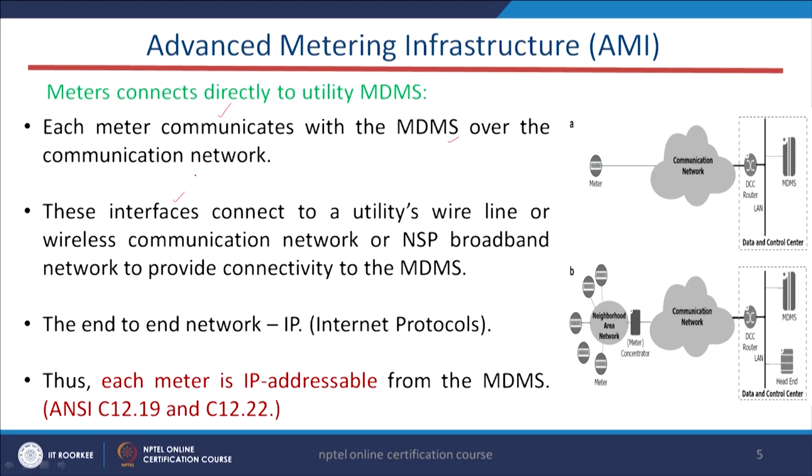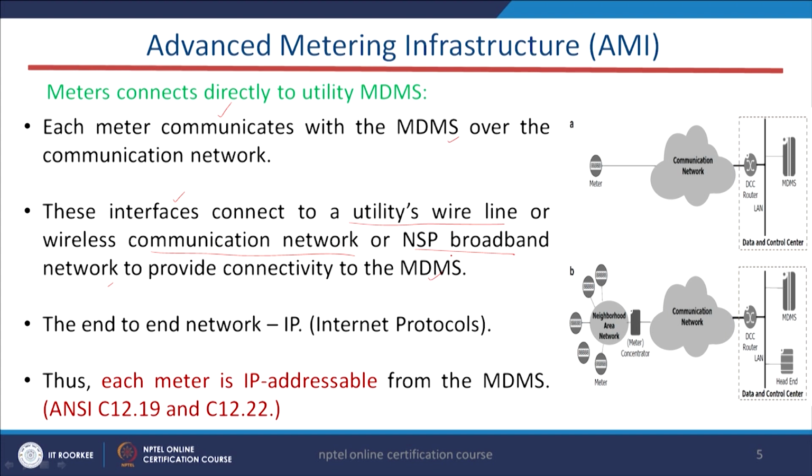Each meter communicates with the MDMS over a communication network, that is the first requirement. And the second one, these interfaces connect to the utility's wireline or wireless communication network or NSP broadband network to provide connectivity to this MDMS.